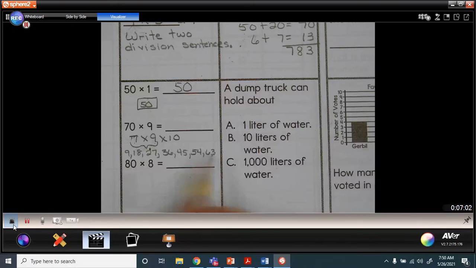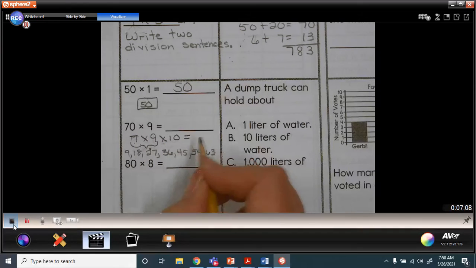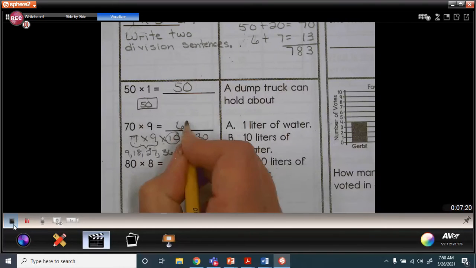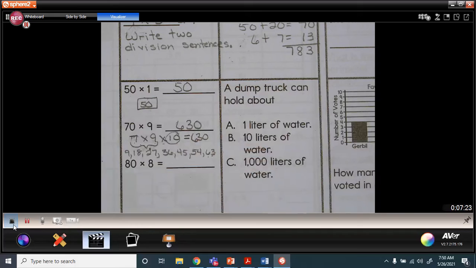So 63 is 7 times 9, and then we take that 63 and multiply it by 10, which means our 3 becomes 30, and our 60 becomes 600 because we're multiplying by 10, and that means our place values move to the left, 1 place value. So that's going to be 630.